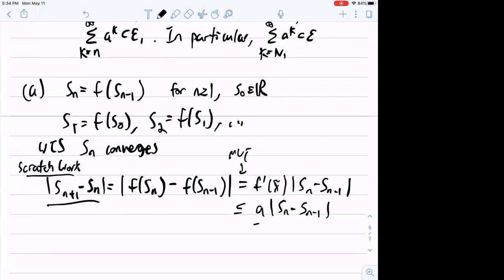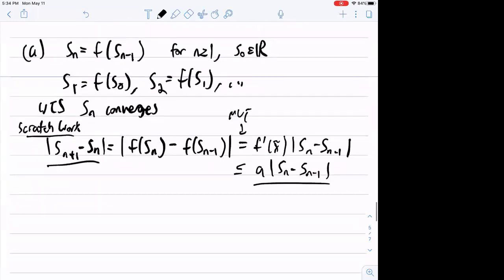So we have a relation from n plus 1 to n to n minus 1, and you can keep going. You can see the power as a reality check: if you add the 1 and n minus 1, you get n. So I could keep doing this, saying it's less than or equal to A squared times Sn minus 1 minus Sn minus 2.